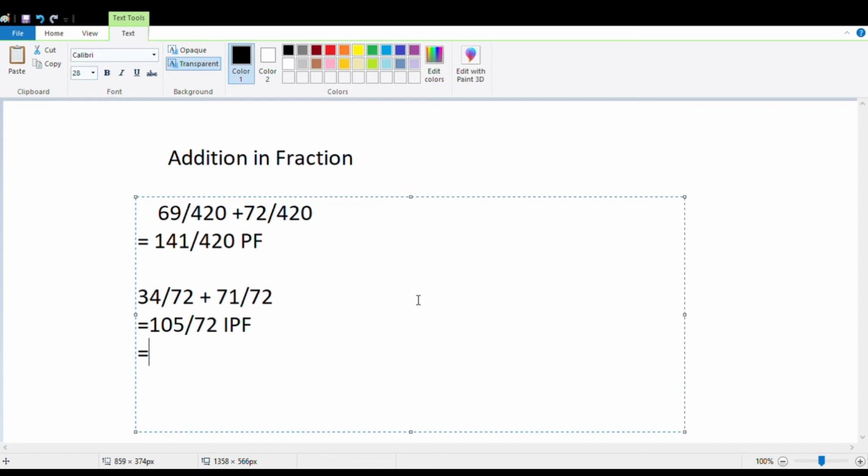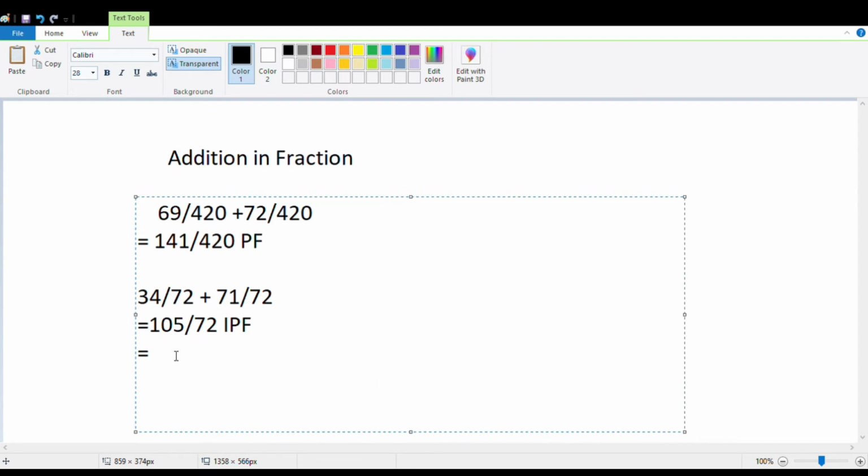So now we know the formula for converting an improper fraction to a mixed fraction: the whole number will be the quotient, and then the remainder will be on top of the denominator which was below, right?